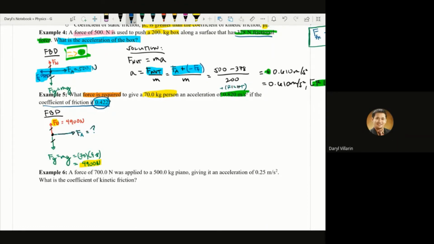And that friction, since you're moving horizontally, must be on the horizontal axis also, but opposite to the movement. So that would be my Ff.